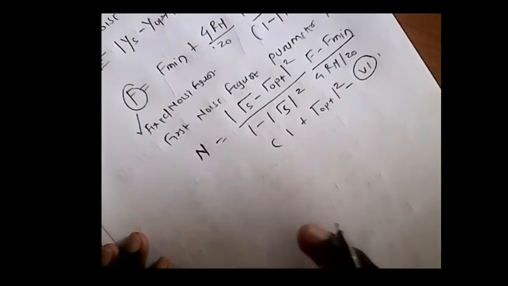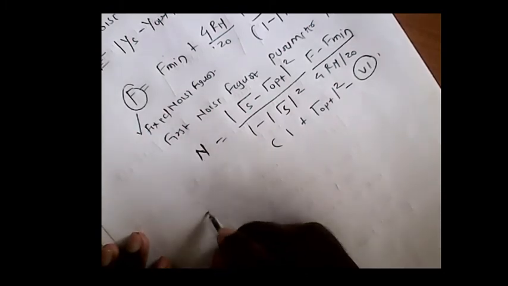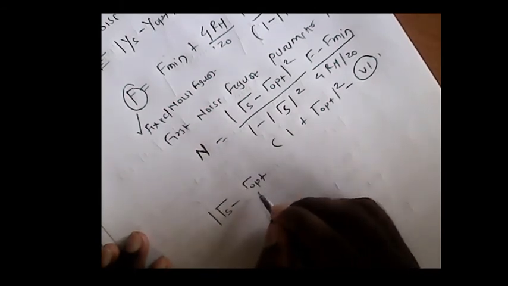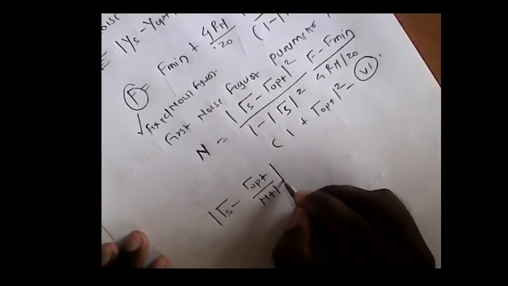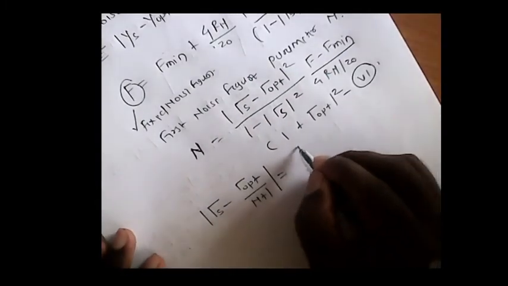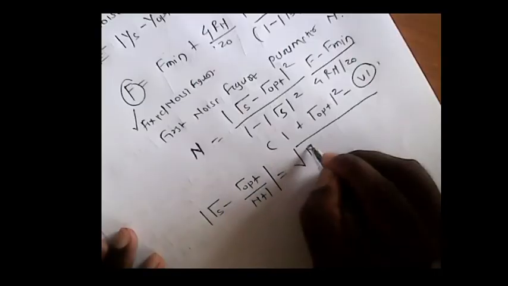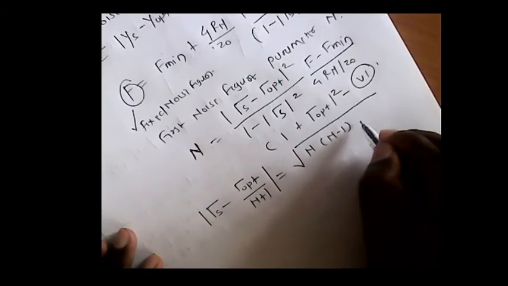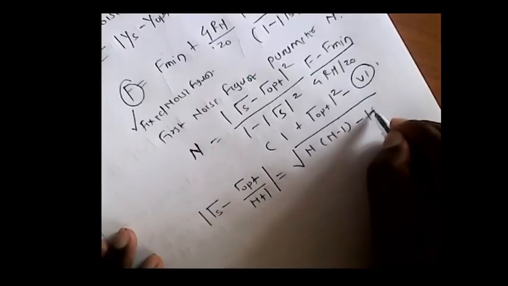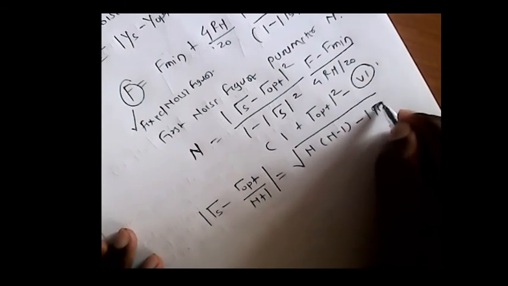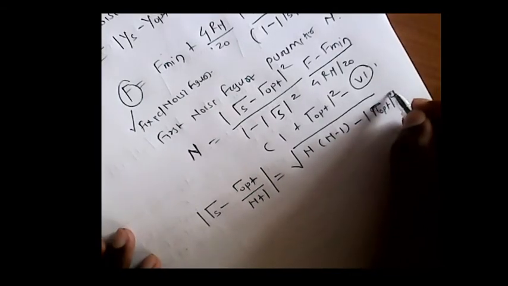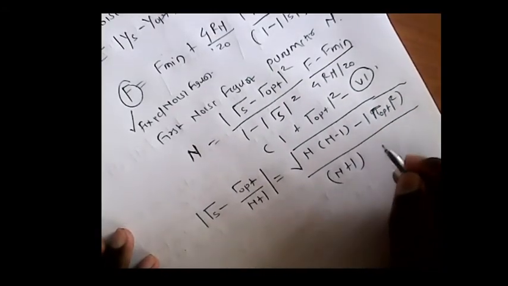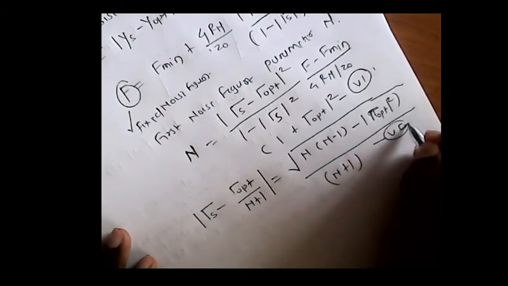So we can rewrite the equation: gamma s is equal to gamma optimum divided by n plus 1, plus the square root of n into n plus 1 minus gamma optimum square divided by n plus 1. So this is equation number 7.